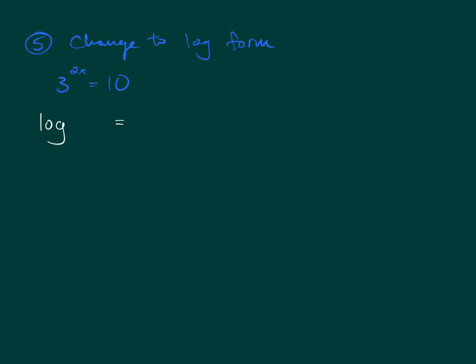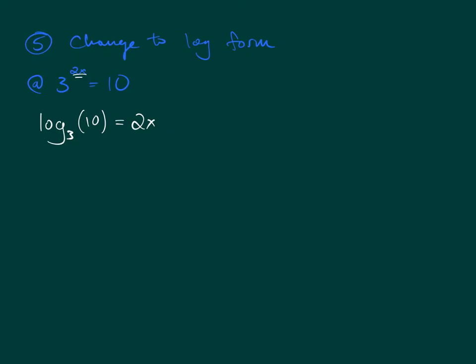So I know this will be a log base 3, and that the log is always equal to an exponent. So this log will be equal to the exponent, which is 2x. That's the entire expression in the exponent. And what's left over is this 10, and whatever's left over is what goes inside the log. So there is the first switch around.